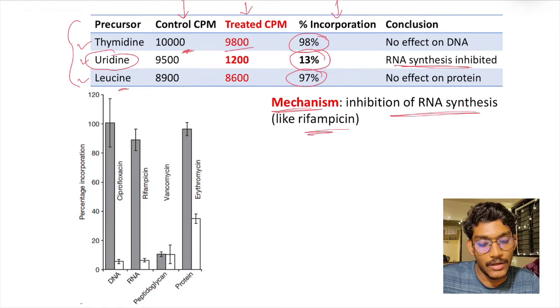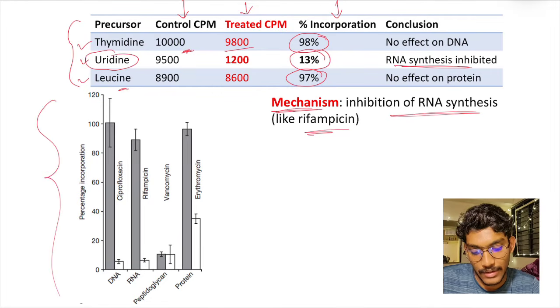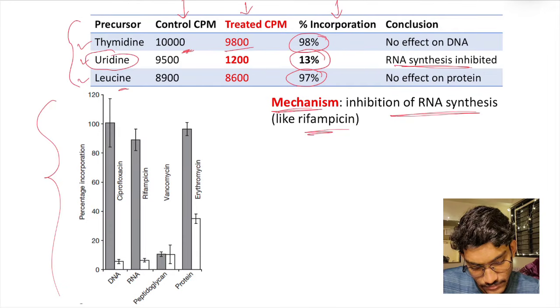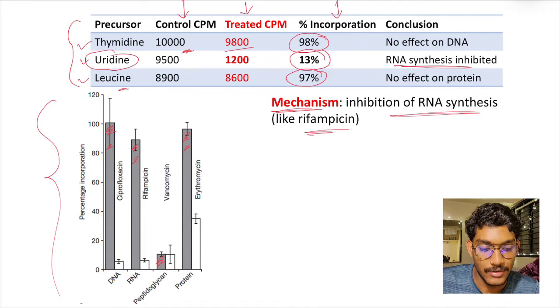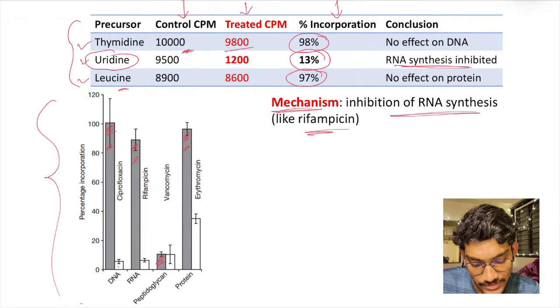So in this way we can get to know the exact mechanism of action of that particular drug. Now here I have added this bar diagram to explain it in a better way. The gray color bars are for the unknown antibiotic for which we want to know the mechanism of action, and the white bars are for antibiotics for which the action is known.